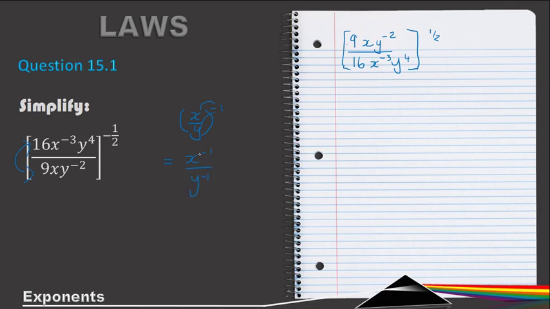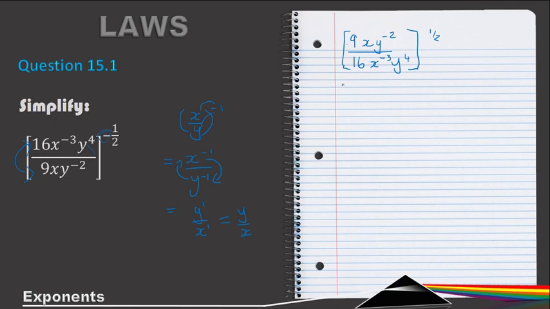Now I want to change these into positive, so the base of x goes down and my 1 becomes positive, and then the base of y goes up, and my exponent of 1 becomes positive. So this is then y to the power of 1 over x to the power of 1. So this is just y over x. That's basically what I did here. If I have a negative outside, I can just flip everything on the inside around.